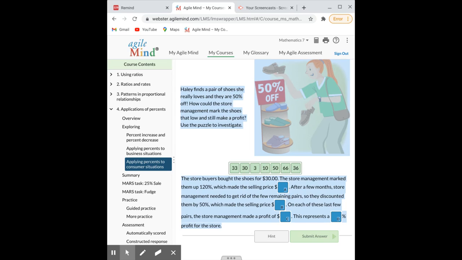The store management marked them up 120%, which made the selling price blank. After a few months, the store management needed to get rid of the few remaining pairs. They discounted them by 50%, which made the selling price blank. On each of the last pairs, the store management made a profit of blank. This represents a blank profit for the store.